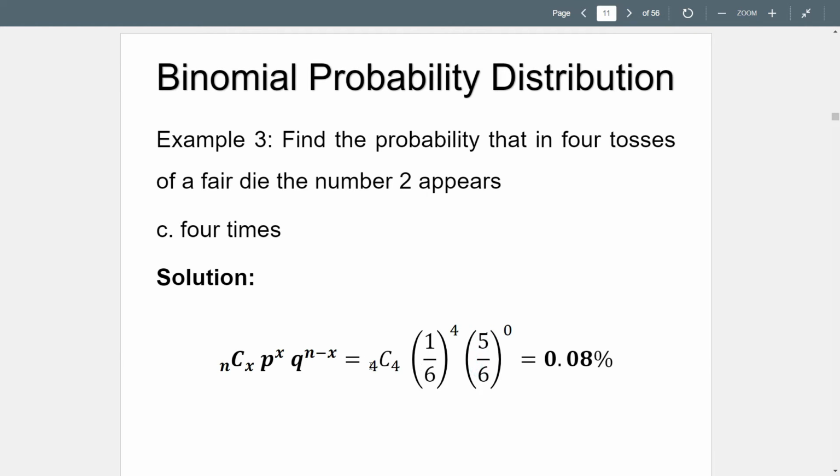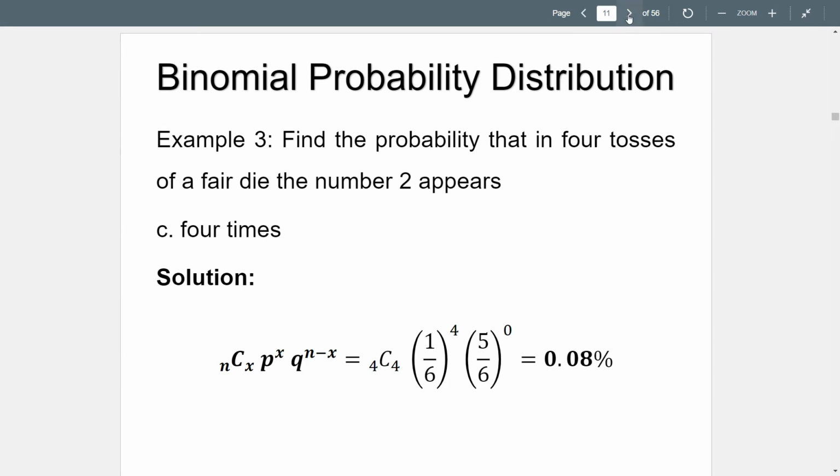So that will give us 4 C 4, and then 1 all over 6 to the power x, which is 4, and then 4 minus 4 is 0. Okay, so you'll get 0.08% chance that 2 will appear 4 times in the 4 tosses of a fair die.